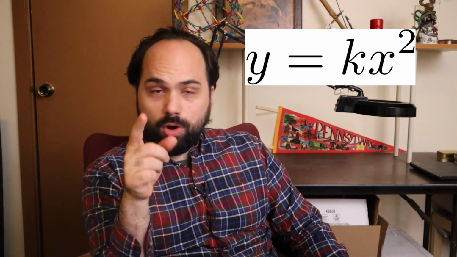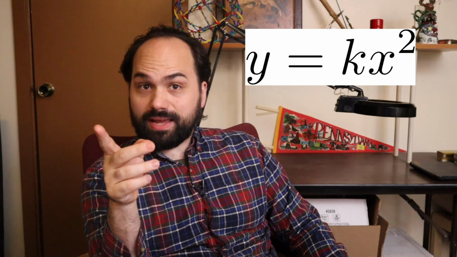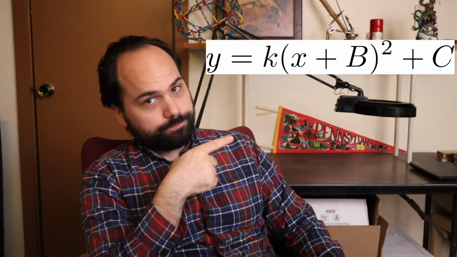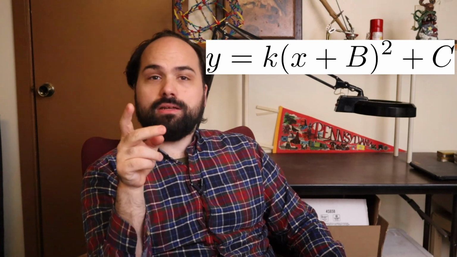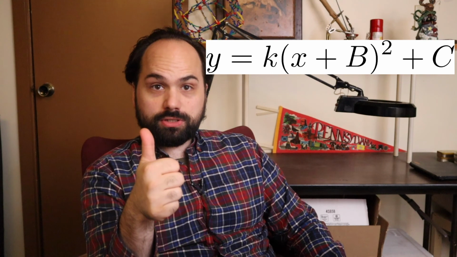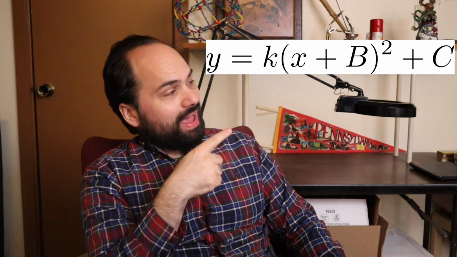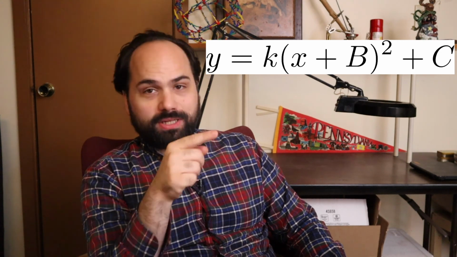But we know that these are problems, so we can fix them by instead using this equation. Now, what did we change here? Well, we added 2 fitting parameters. The first is that we've added this additional x term, that we now have x plus b.